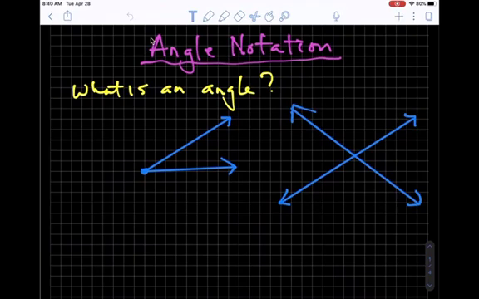So if you look at this first picture I have here, I've got two drawings here. If we look at the one on the left, when we say what is an angle, most of you would be able to recognize that this spot right between those two rays is an angle.